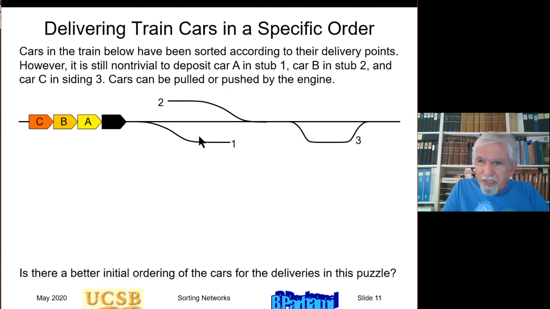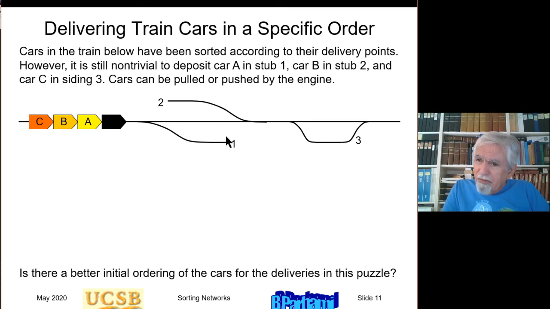So these are factories or warehouses. And car A with its container must be delivered to this factory. So once it's delivered, the factory personnel can take their time unloading it and perhaps loading it with new stuff so that the engine can come back at some future time and take it away.